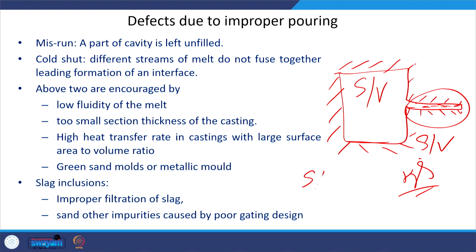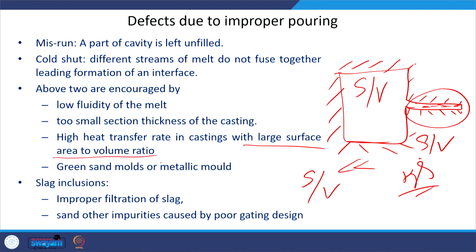So, if the surface area to volume ratio is less, then it will take a long time for heat to dissipate and complete the solidification, as compared to the case when the S by V ratio is high.